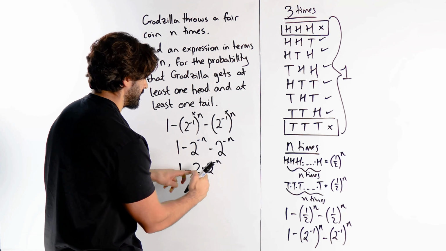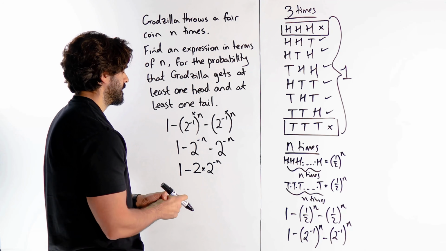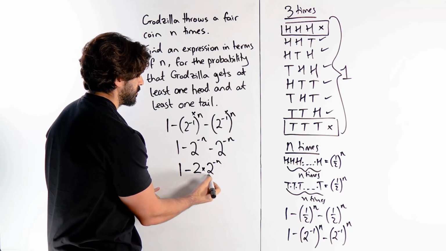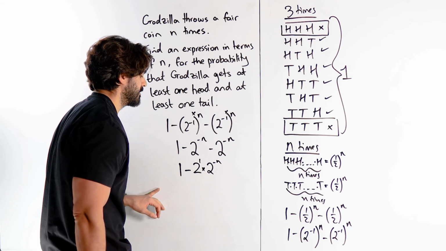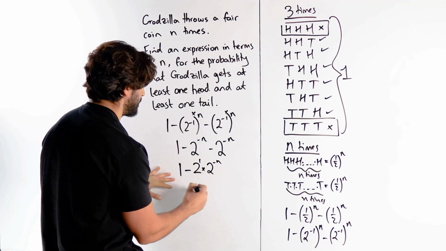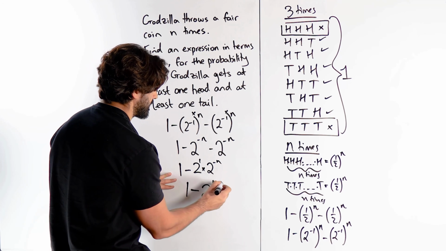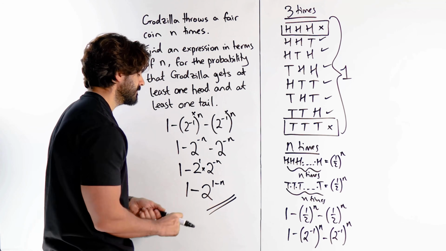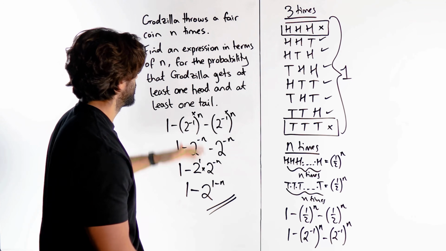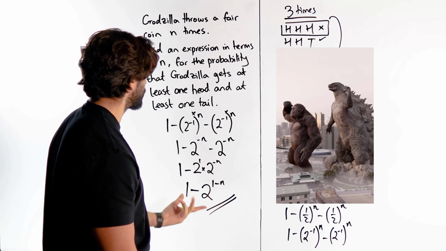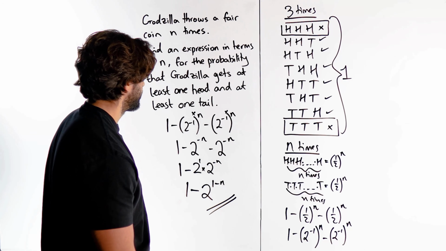There's 2 of them. Then I see 2 numbers with the same base, so I add the powers. That's 2 to the power of 1, so we can add the powers. We get 1 minus 2 to the power of 1 minus n. And that is the cleanest solution to what the probability is of Godzilla getting at least one head and at least one tail.